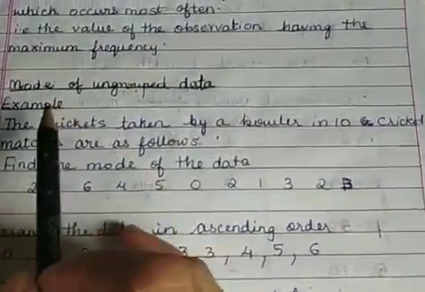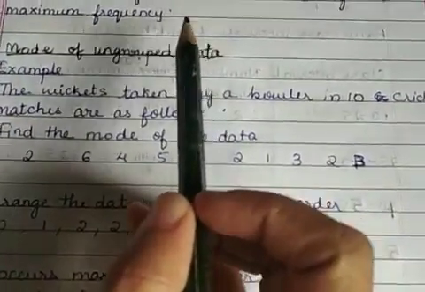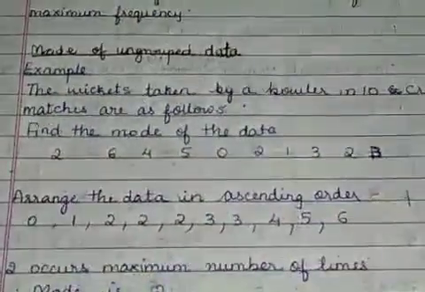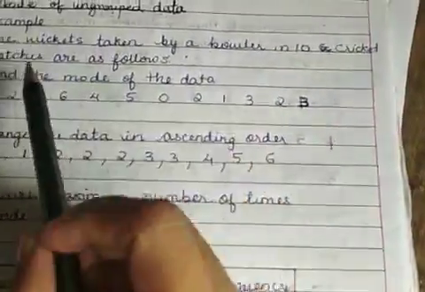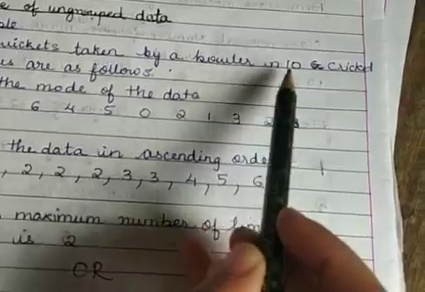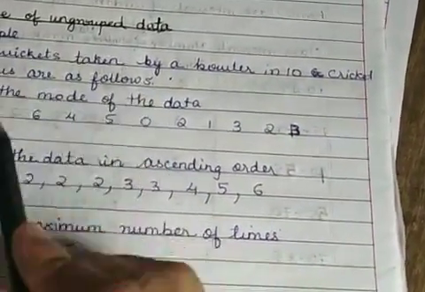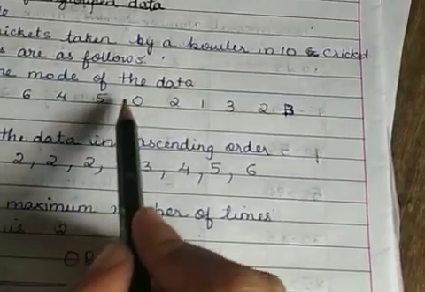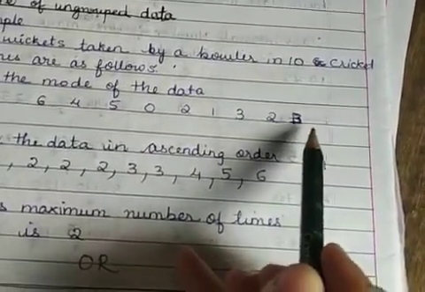So now let us see first mode of an ungrouped data, and then we will see mode of grouped data. To understand mode of an ungrouped data, let us take this example. The wickets taken by a bowler in 10 cricket matches are as follows: 2, 6, 4, 5, 0, 2, 1, 3, 2 and 3.